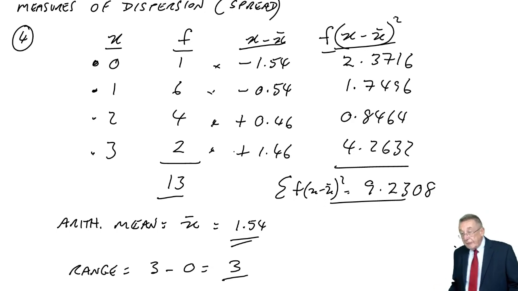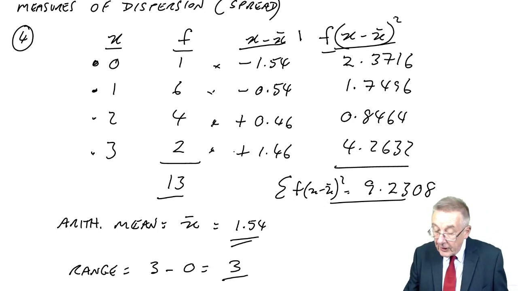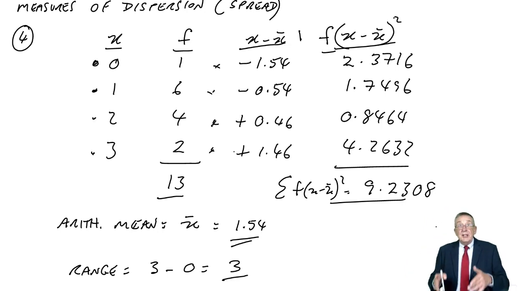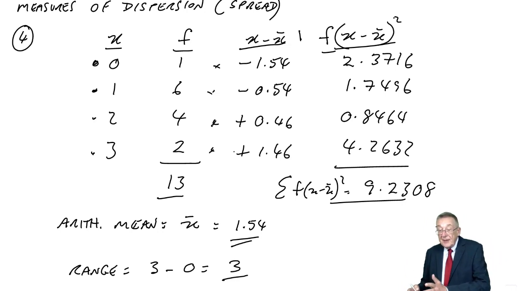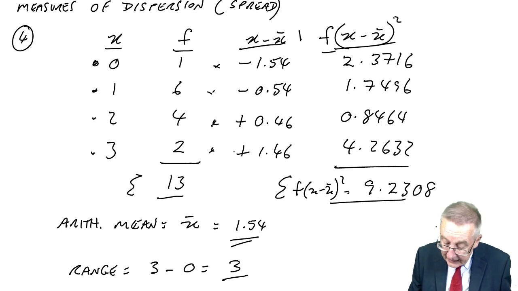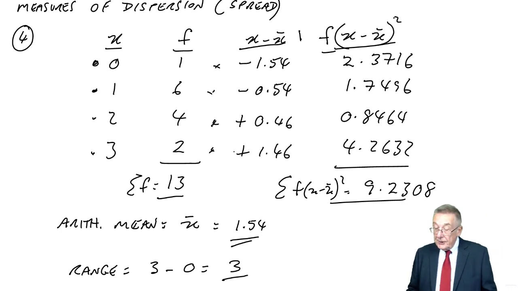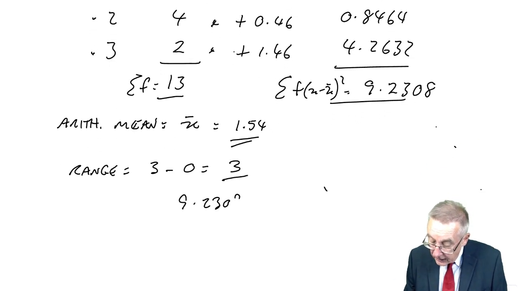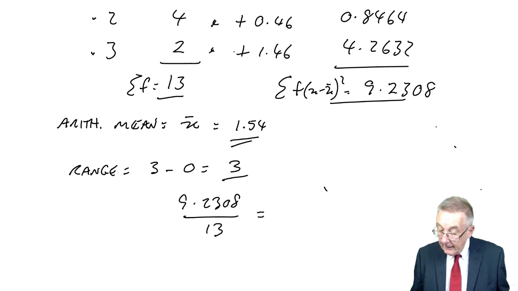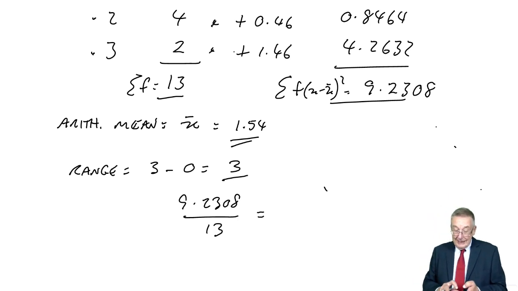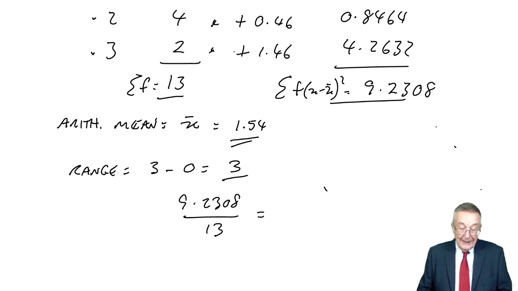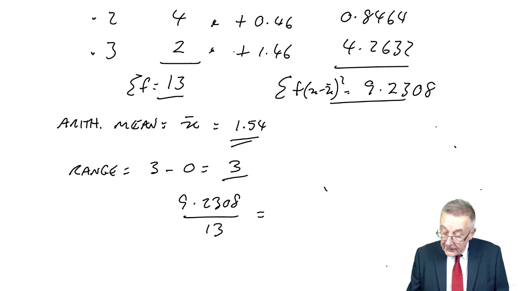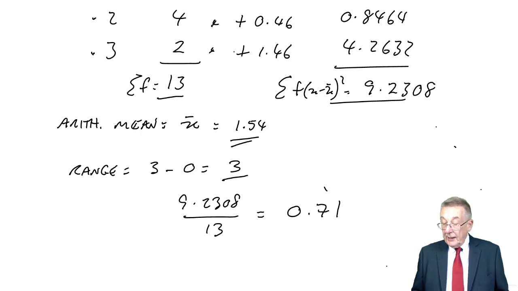Remember what I'm doing? We're taking an average of the squares of those differences. So for the average, multiply by the frequency and divide the total by the number of observations, which is 9.2308 divided by 13. That is 0.7100.